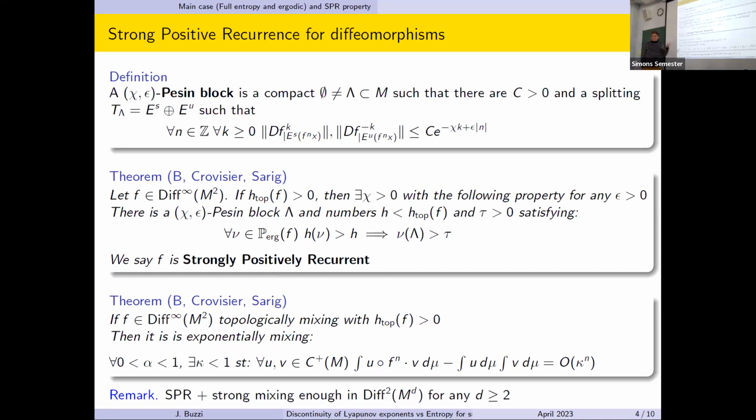Here what Pesin theory tells you, using Oseledets' theorem, the first step in Pesin theory, is that if you have a measure without a zero exponent, then it gives a positive measure, or even measure close to one, in fact, to some sets like this, where you have uniform estimates, but not invariance.